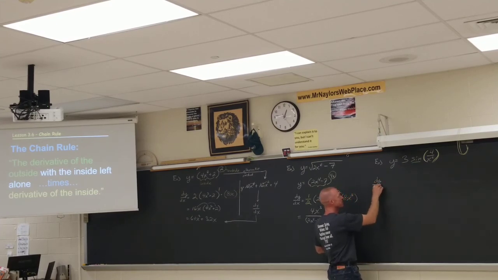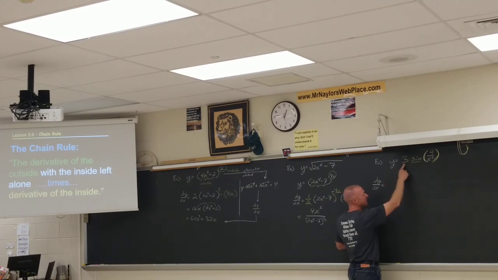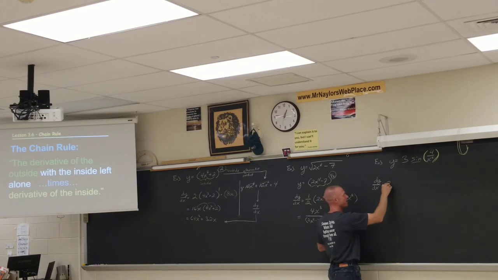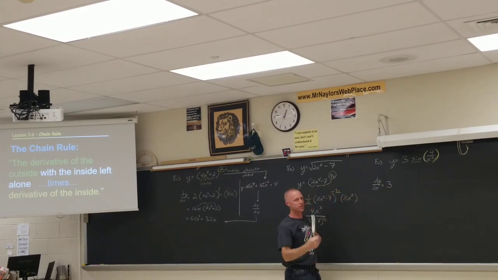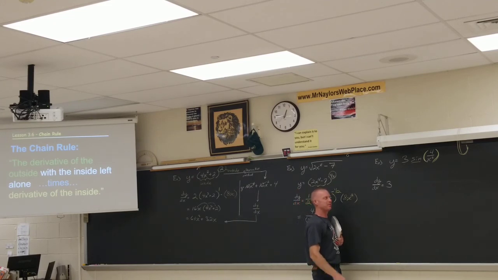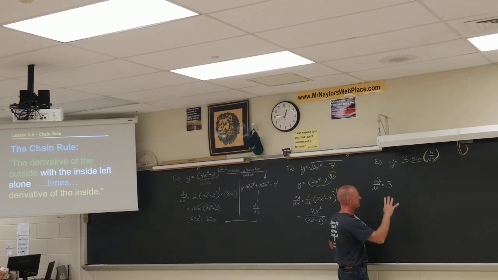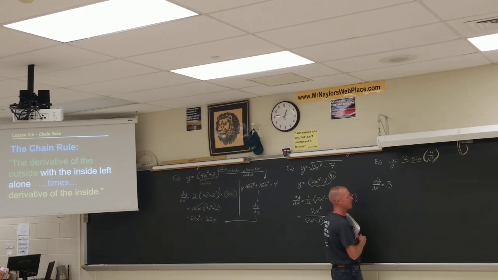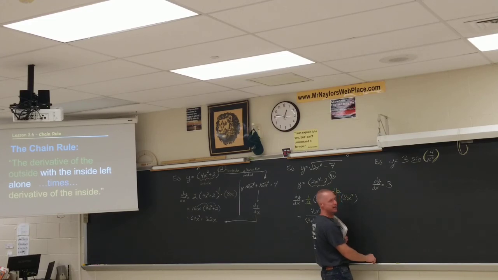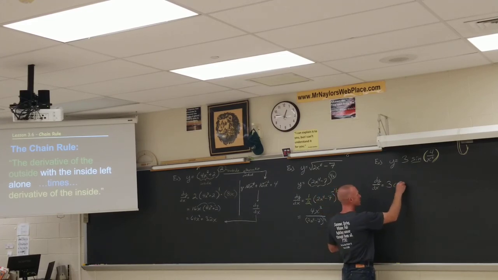So when you do the derivative, this 3, I put here as a coefficient so we could mention one more time that coefficients always come along. We just don't change it as part of the derivative rule. All right, derivative of the outside: derivative of sine is cosine.